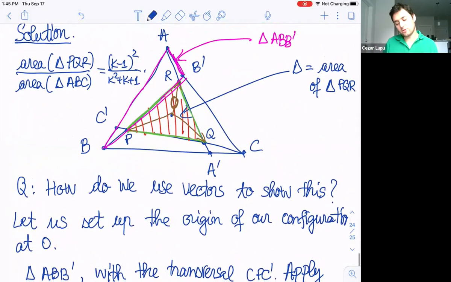The triangle is B prime A B. The points C prime and P are on the sides, but the point C is outside the triangle.